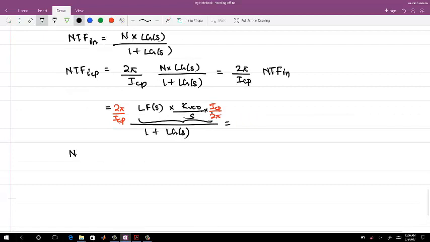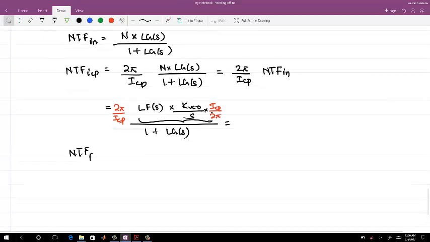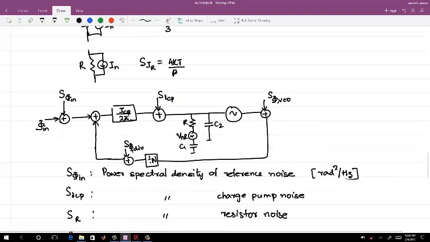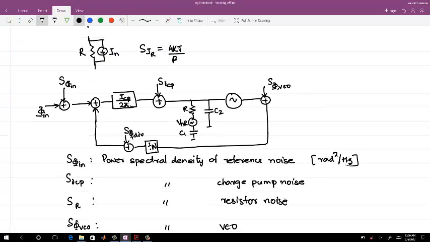So what about the resistance one? This is a little bit tricky. So let me just, where did I plot it? So let's say you find this V of R to V control some transfer function.